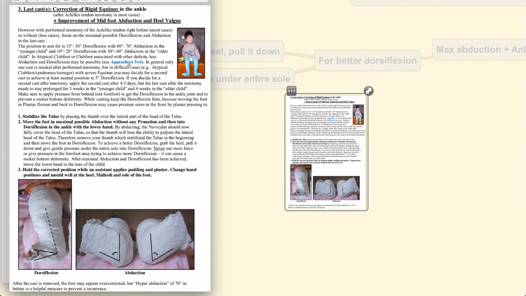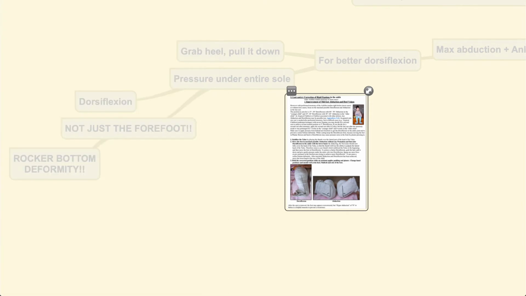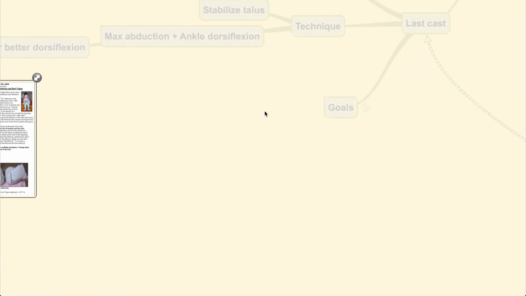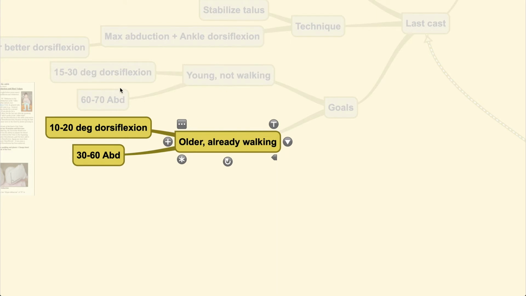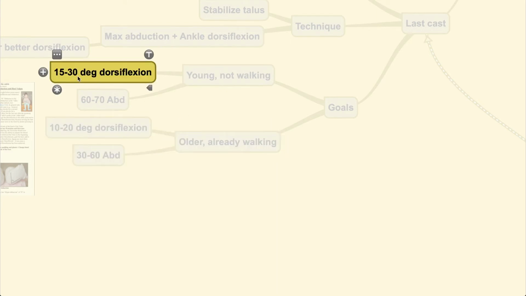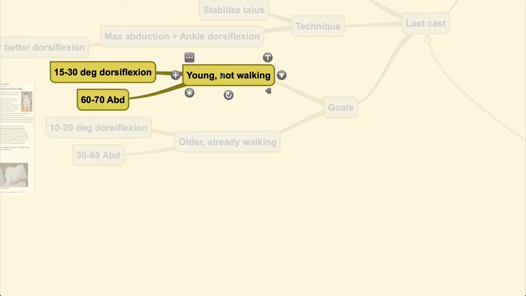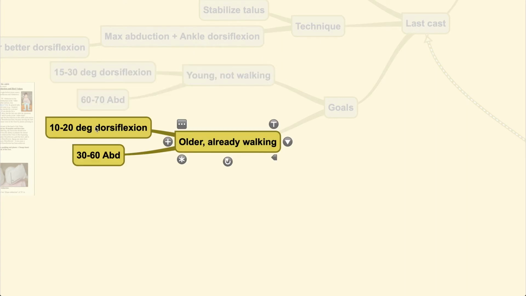Now, the last cast is usually done if the foot has already achieved sufficient abduction, and the equinus deformity itself usually is corrected to a degree of 15 to 30 degrees of dorsiflexion for a non-walking patient, but for an older patient, if you can achieve around 10 to 20 degrees of dorsiflexion, then it is enough.